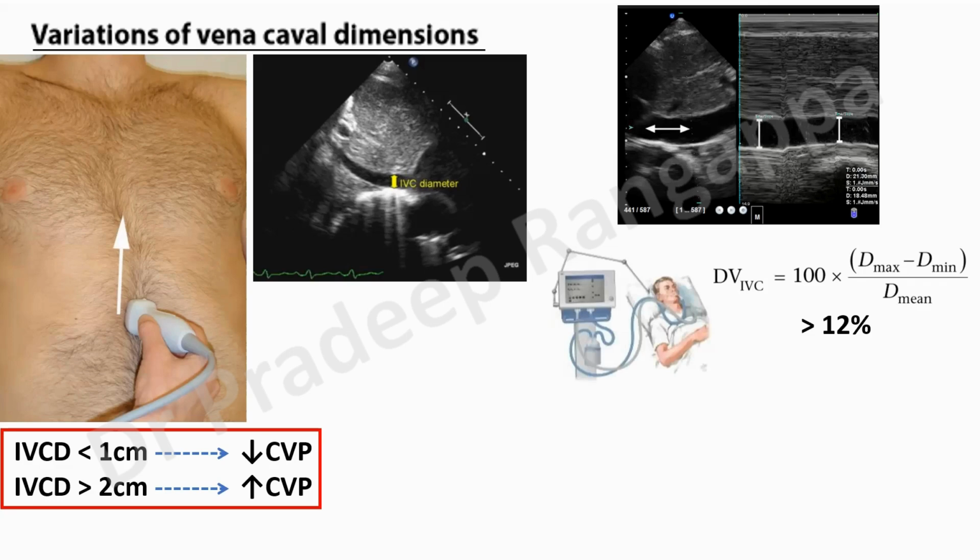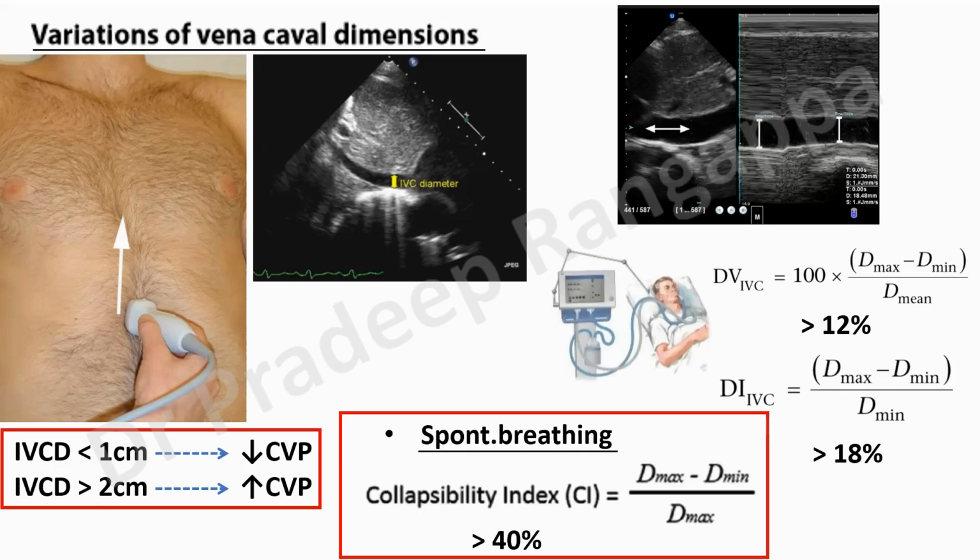If it's more than 12%, we knew it was fluid responsive. And we had the IVC distensibility index in ventilated patients, which is maximum IVC minus minimum divided by minimum. More than 18%, we called it fluid responsive. In spontaneously breathing patients, we used the collapsibility index, which is maximum IVC minus minimum divided by maximum. If it's more than 40%, we called it responsive.